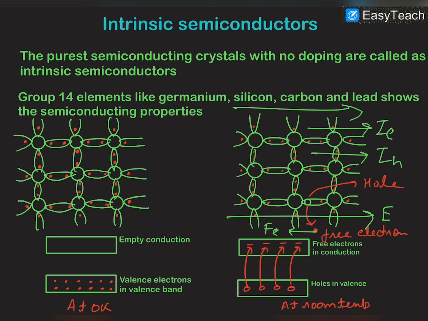So in intrinsic semiconductors, or in extrinsic also, the charge carriers are of two types: one is the electron and one is the hole. When we talk about electrons, we are actually referring to the free electrons, and when we talk about holes, we are actually referring to the bonded electrons which are transferring from bond to bond.